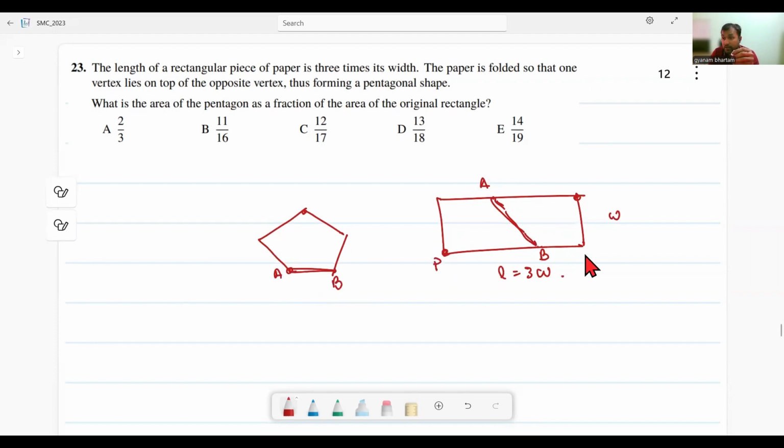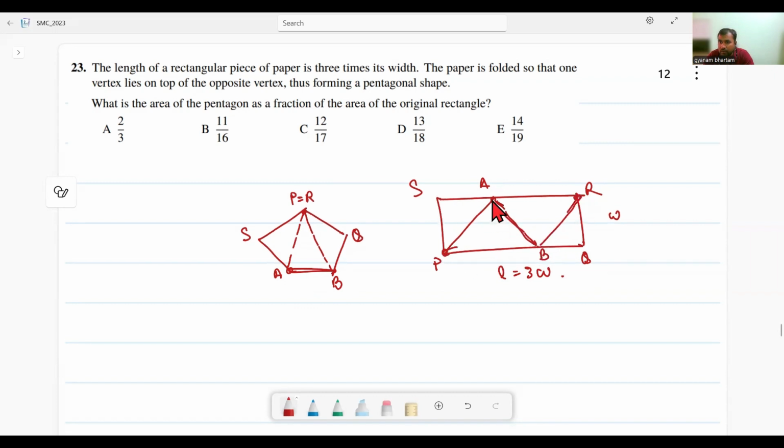Let us assume this is P, Q, R, S. So your P and R are here, your Q is here, your S is here. You can do the experiment simply: take some paper and check how it folds and how it looks. Now, what is the area? If you observe, this area is overlapping. This area will overlap, and if you open it, it should be this way.